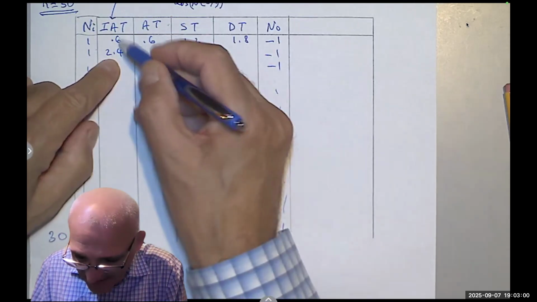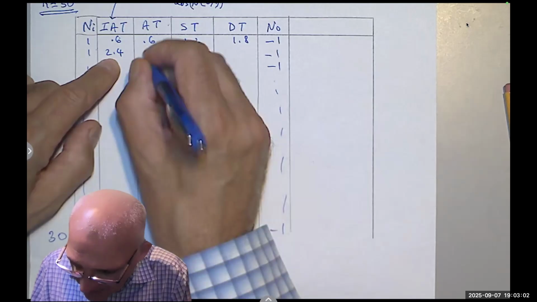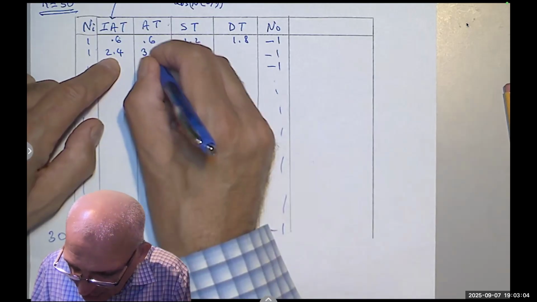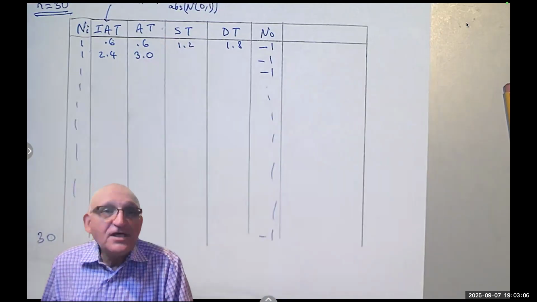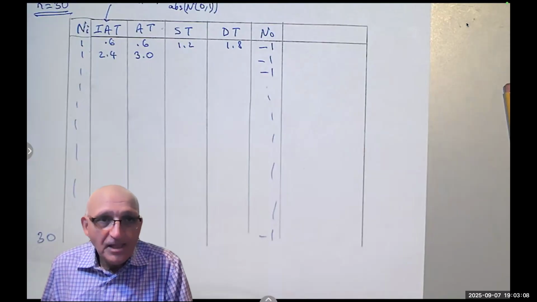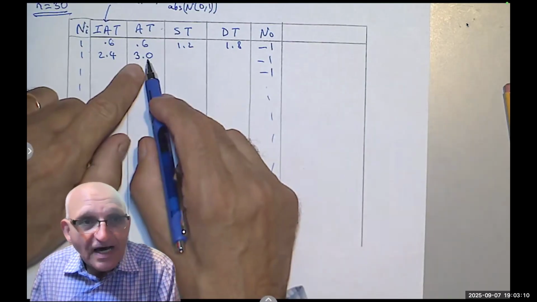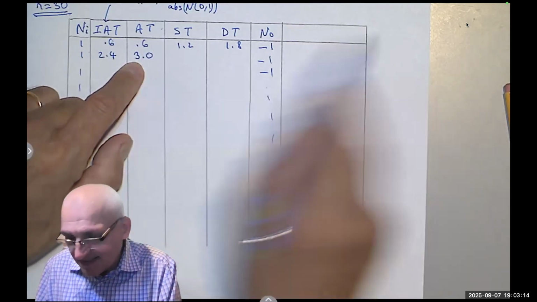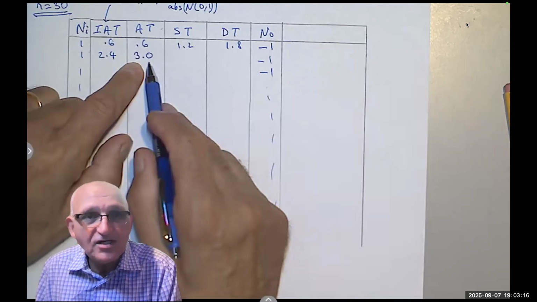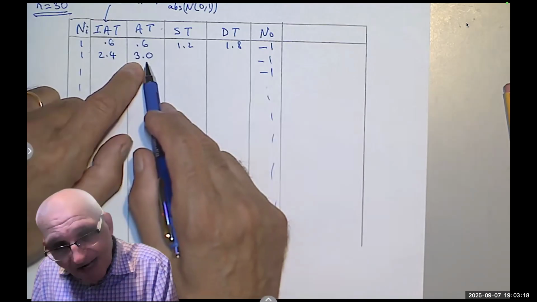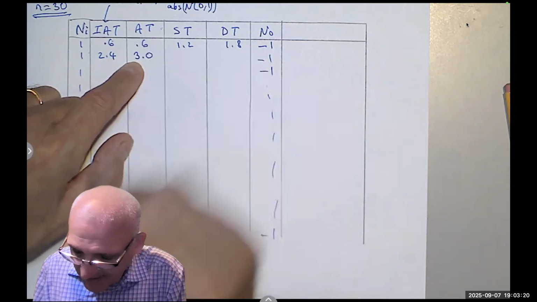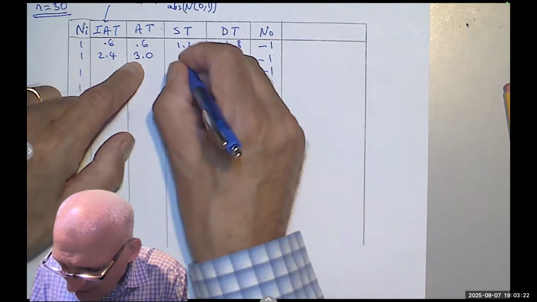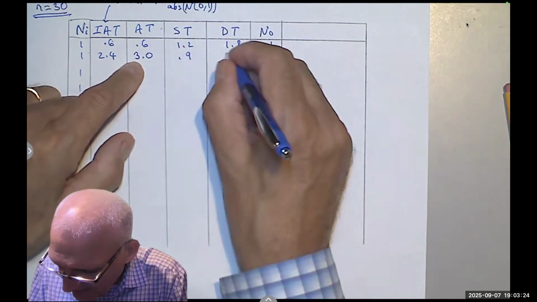So I have to add these two together and say, so the arrival time for customer 2 is 3. Okay? But when customer 2 arrives at time 3, customer 1 has already left. This car has already left. So it's not going to wait for service. It would go right away. The service time, let's say, is 0.9. So I add them up and I get 3.9.